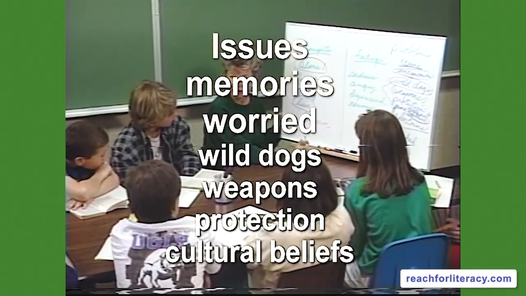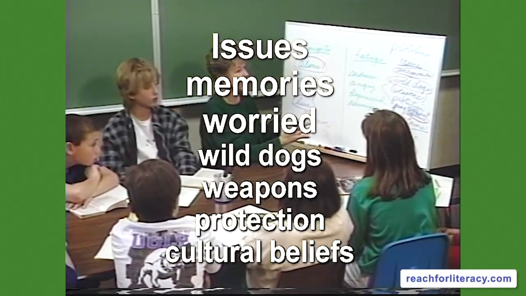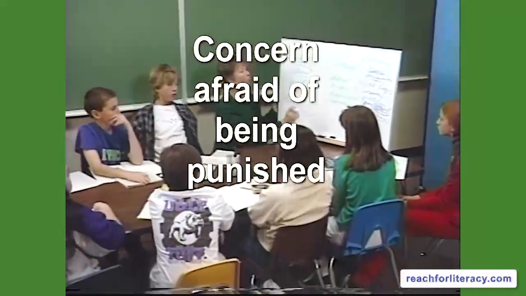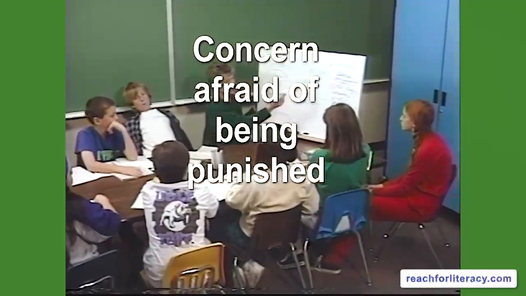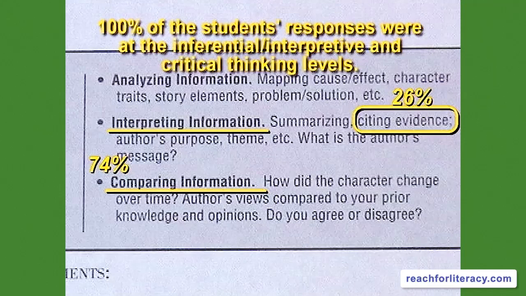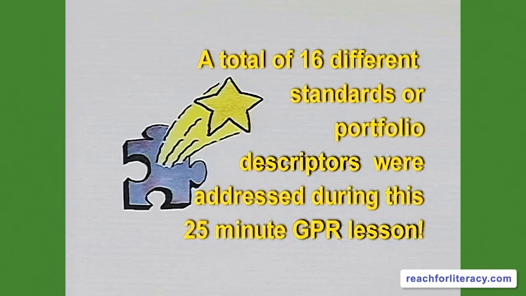Issues: memories, worried, wild dogs, weapons, protection, going against cultural beliefs. And concern: afraid of being punished. 100% of the students' responses were at the inferential, interpretive, or critical levels. The lesson lasted 24 minutes and 15 seconds.